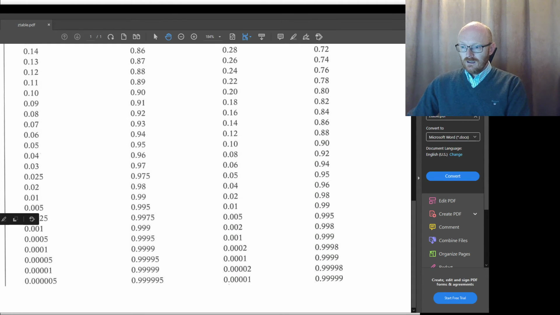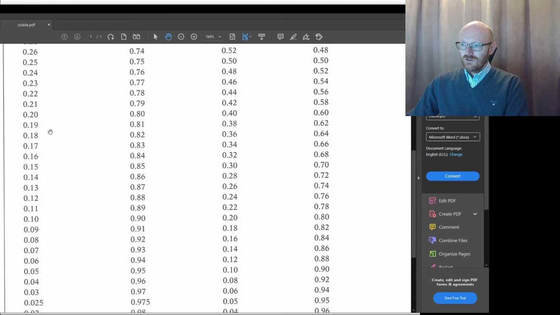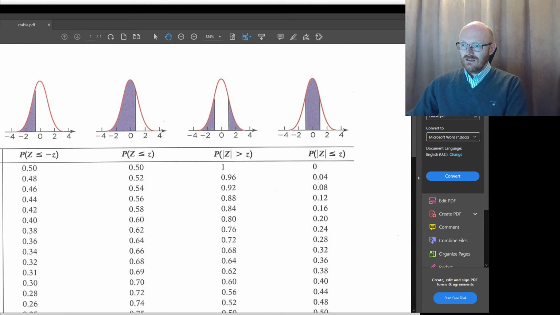So a conservative value would be to take the lower value here. We want to look at the area under the curve, or the critical value, which gives us 1% area under the tail, right?